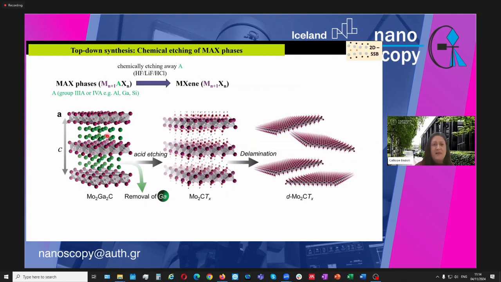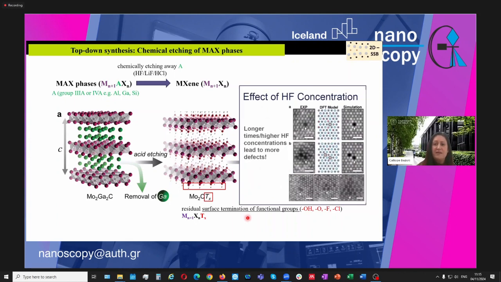Here you can see the initial MAX phase. We chemically etch the intermediate metallic layers, and then we can have MXenes after the delamination. However, this process results in an unavoidable byproduct of residual surface terminations of functional groups.